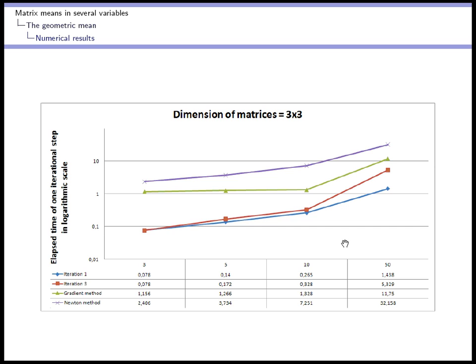And it turns out that although the iterative mean for this maximized EL is converging much faster than the other iterative means, it is hard to solve the traveling salesman problem for it. As n increases, we know that it is an NP-complete problem. So it has a significant impact on the elapsed time for one iteration step.